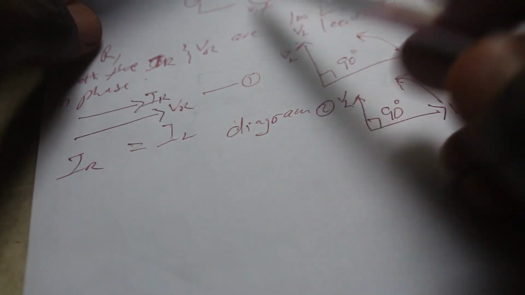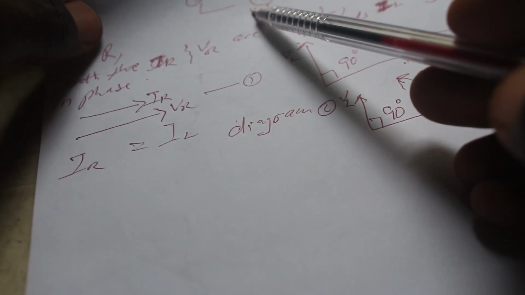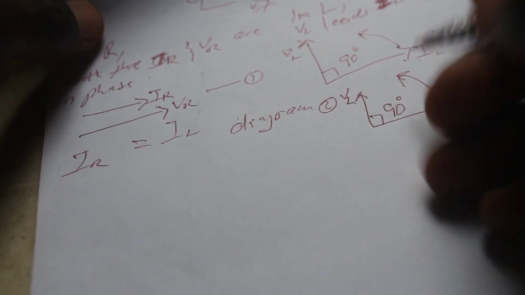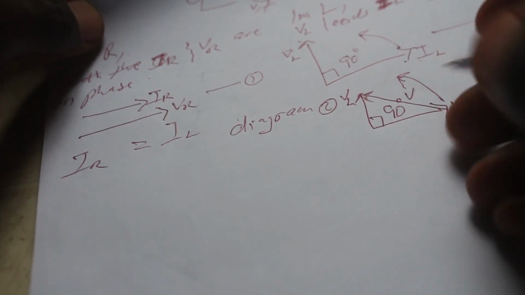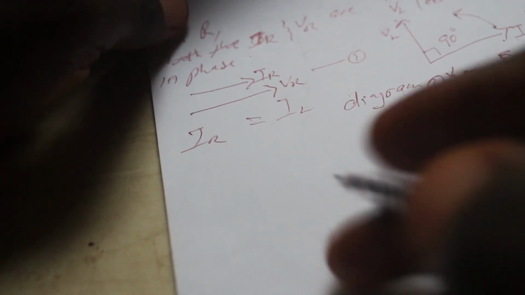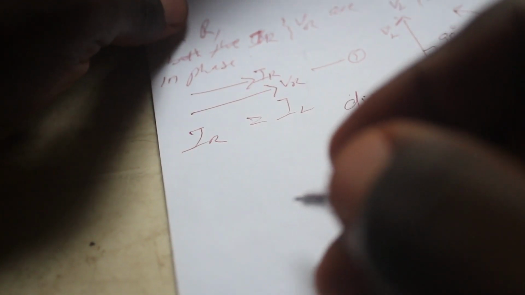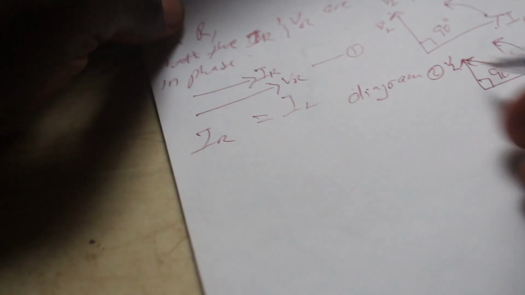We know that the sum total of them will give us the voltage of the source. It means that we have to add the two of them together. So here will be the voltage at the source. To find the potential difference of the source, we need a vector addition of these two.